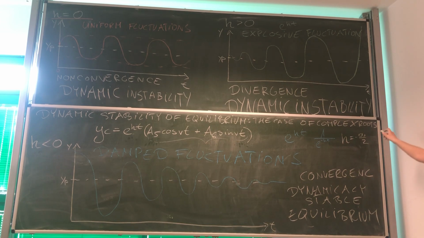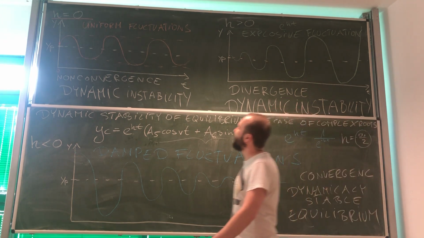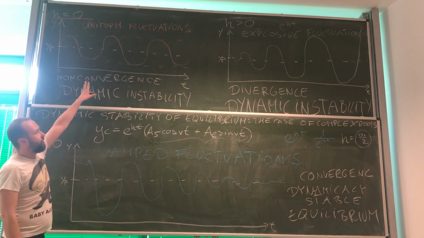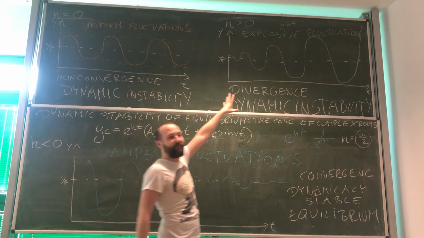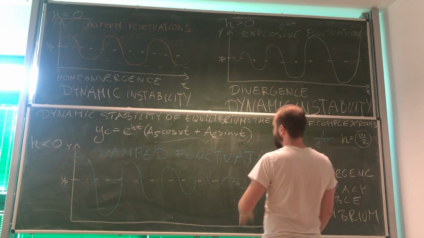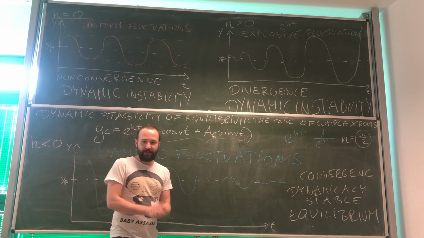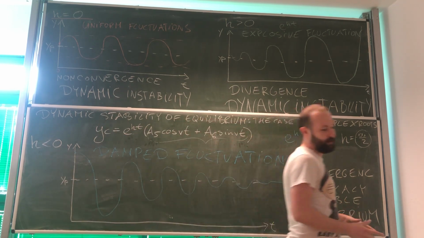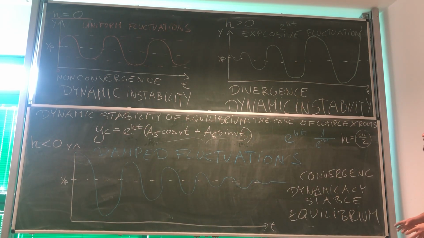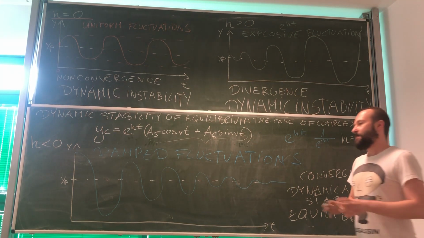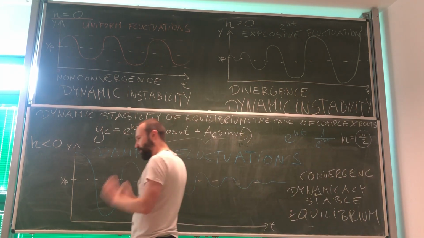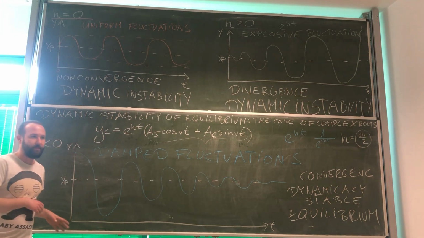Just looking at the value of that will tell us whether we have a case of uniform fluctuations, explosive fluctuations, or damped fluctuations. Okay, at this moment, we know everything we need to know about second order differential equations with constant coefficients and constant term.